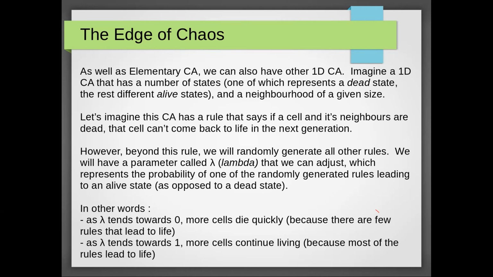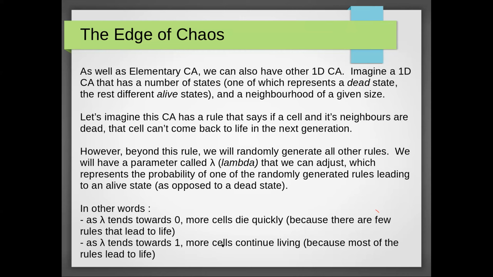As lambda tends towards 0, the closer it gets to 0, the more of the rules will lead to death rather than to life. So you will have more cells dying quickly, because most of the rules that will be randomly generated will result in the cell being dead in the next generation rather than alive. But as lambda tends towards 1, we'll have more cells that continue living because most of the rules will lead to life.